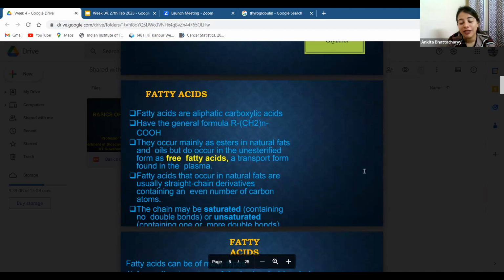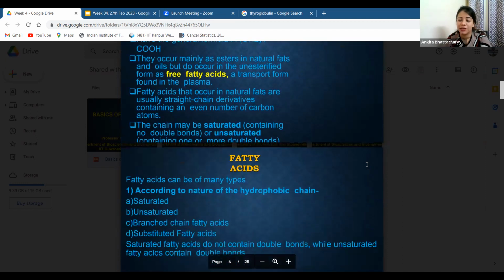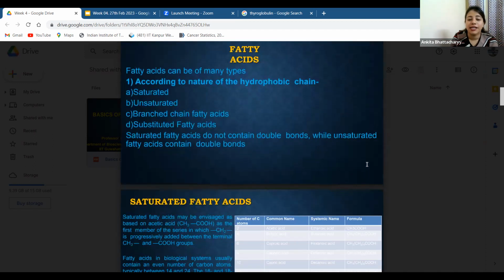When we say saturated, it is just made up of single bonds. Multiple bonds are not present. Otherwise it can be unsaturated. Unsaturation means at some positions along the entire length of that fatty acid, you will find some double or triple bonds present. So according to this nature, they can be saturated, unsaturated, or branched chain fatty acids where you have one main chain and then it splits.